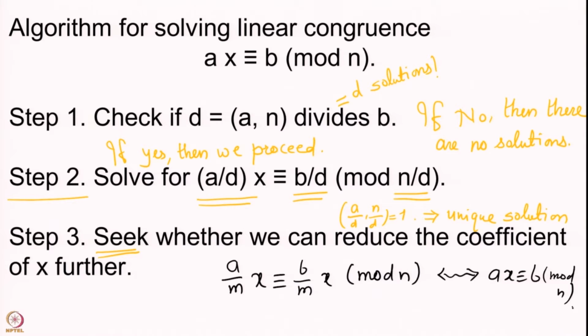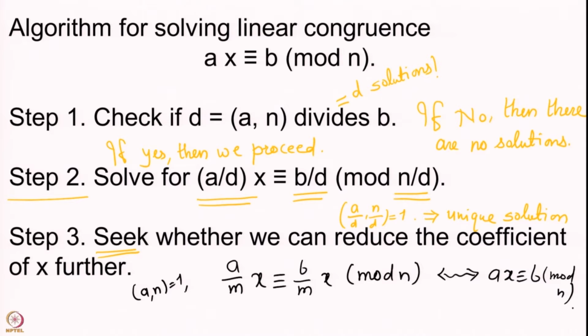This is our second step. This was the second lemma which we proved in the last lecture: even if the GCD of a and n is 1, so that you cannot reduce the modulus further, the modulus of the congruence, which is n, cannot be reduced, because the GCD of a and n is 1 and you cannot divide by a GCD that is not more than 1.